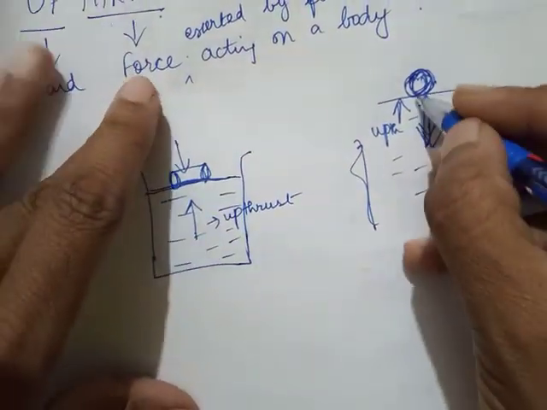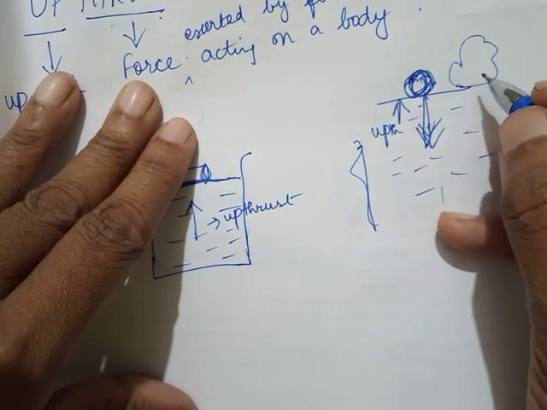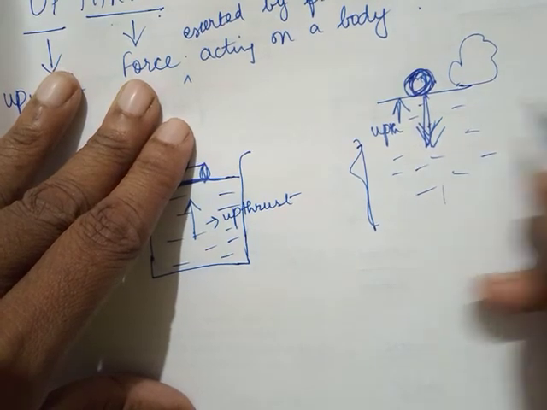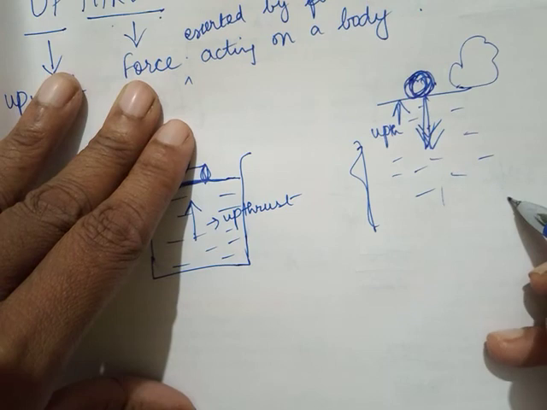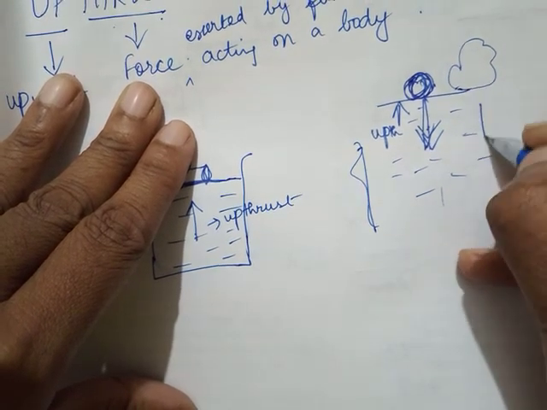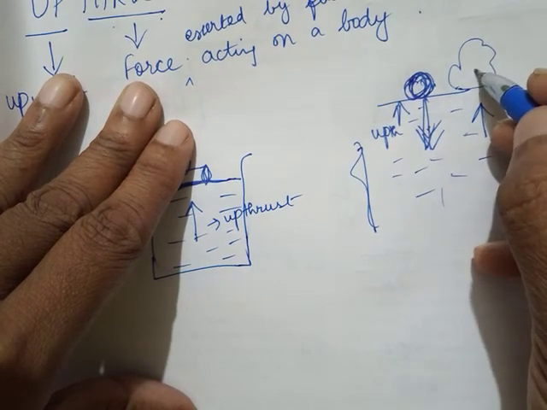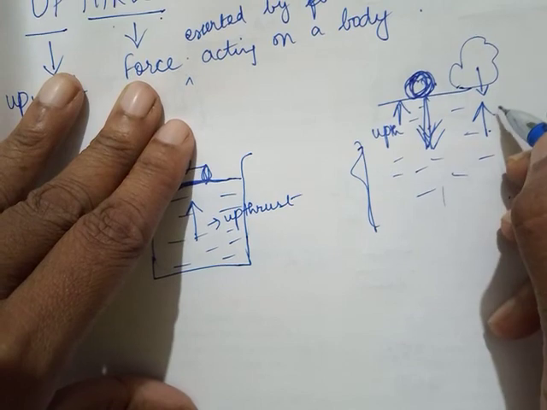On the other hand, if you just leave a paper from a height, you know how it will go? It will keep swaying here and there, and it will take time to reach the ground. Why? The upthrust is pushing it up. It wants to come down, but because it is light, this upthrust is dominating and it is pushing it up.